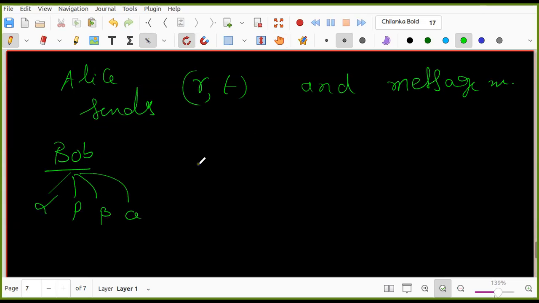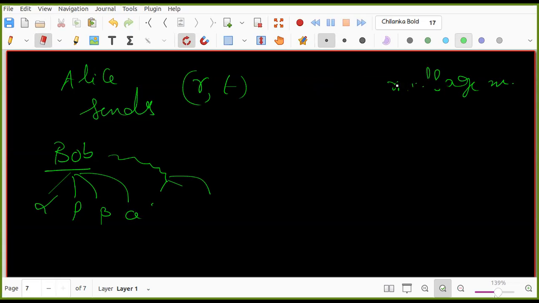Now he gets two more things, R and T. Sorry, the message M we should not send, I made a mistake. It is an encryption scheme, so from R comma T, which is sent, we get the message.